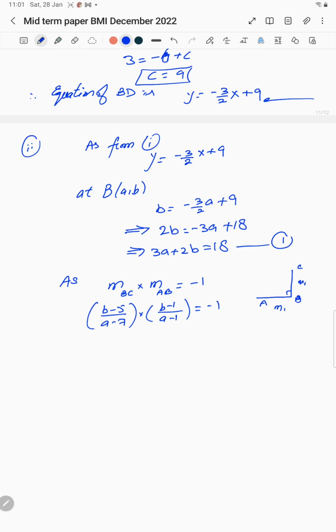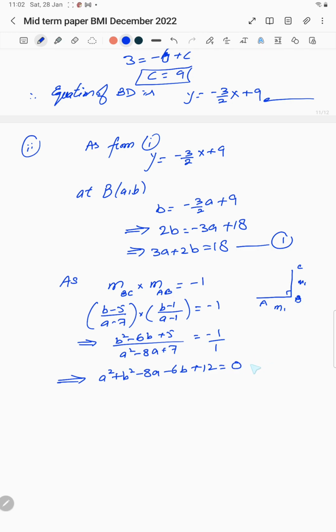Simplify this. We will multiply numerator with numerator and denominator with denominator first: b squared minus 6b plus 5, over a squared minus 8a plus 7, equal to -1. By doing the cross multiplication, we get a squared plus b squared minus 8a minus 6b plus 12 equal to 0.